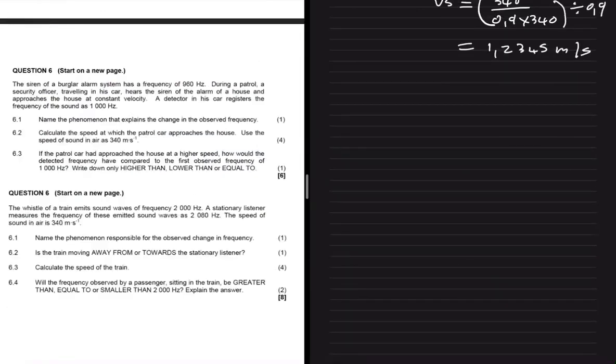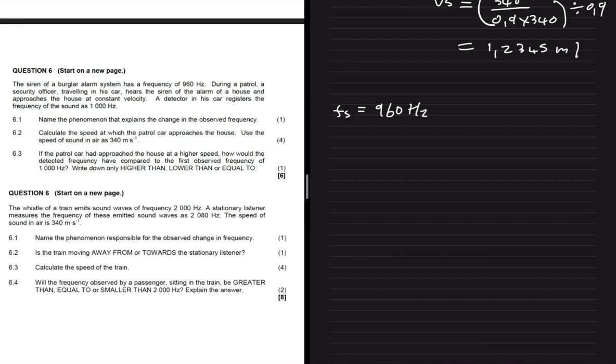Question 6. We're going to read the problem statement again, like we always do. The siren of a burglar alarm system has a frequency of source. I'm assuming frequency of source equals 960 Hz.